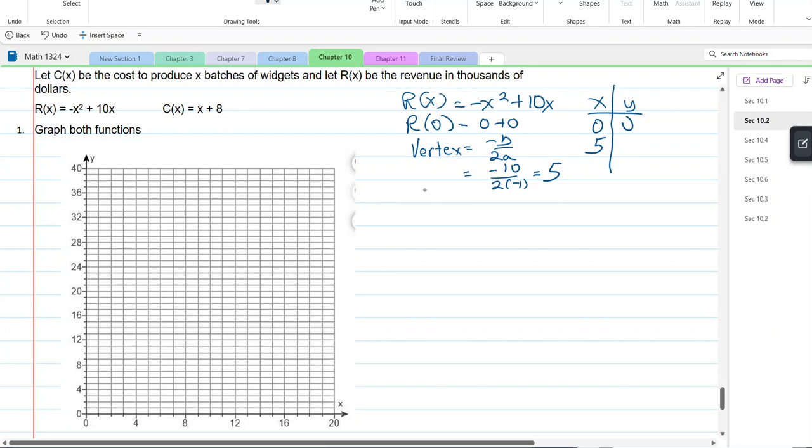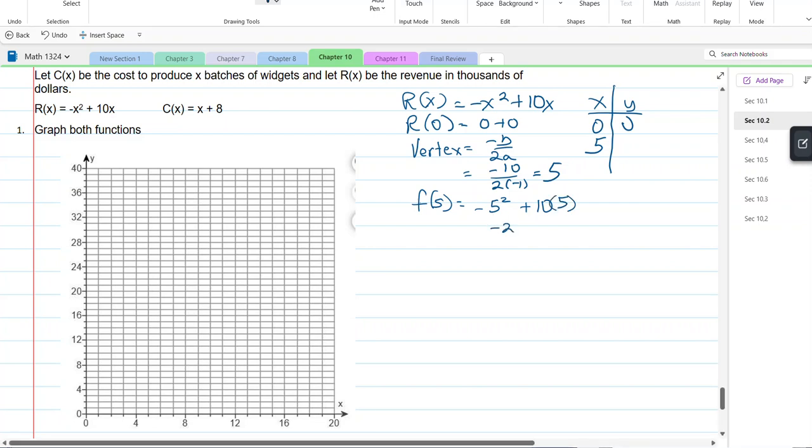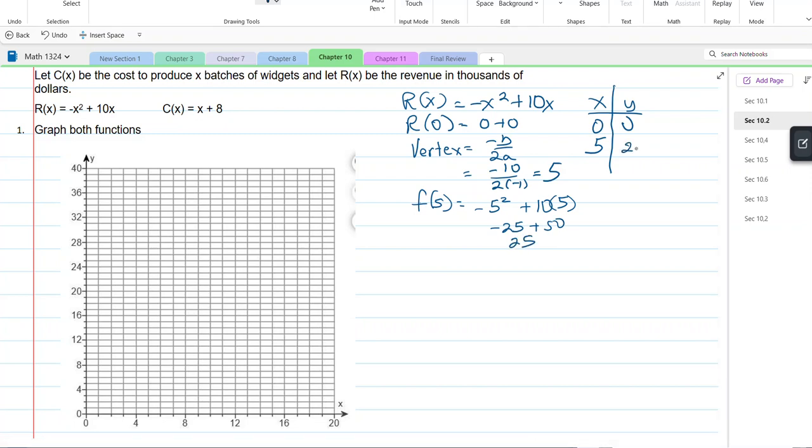So I want f of 5. So it's negative 5 squared plus 10 times 5. Negative 25 plus 50, 25. Alrighty. Now we have that. And so if it's 0, 0, and we're talking 25, well, the next 5, we should do 10, shouldn't we? If I do 10, I have 100.